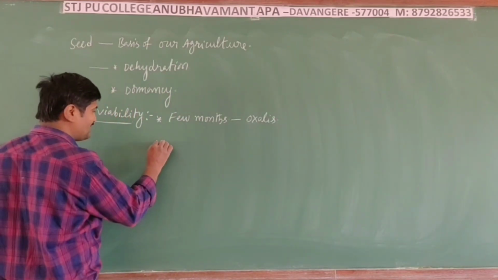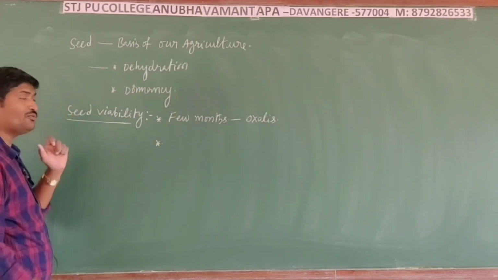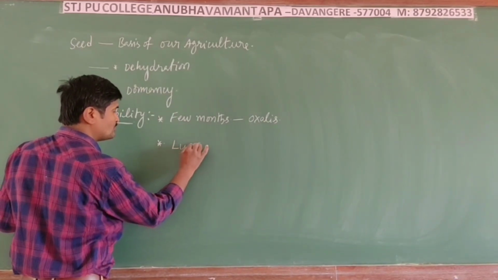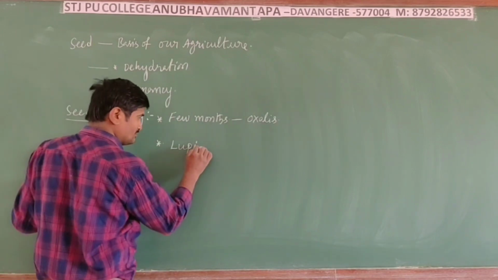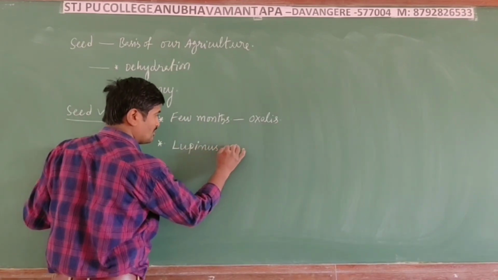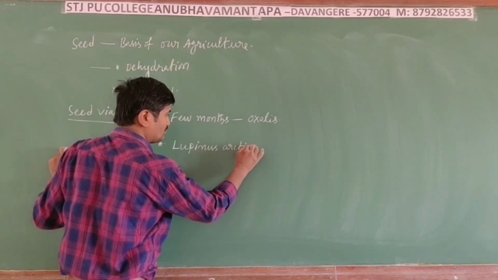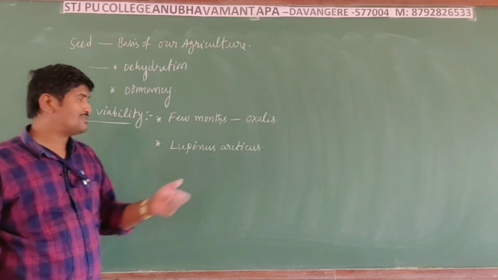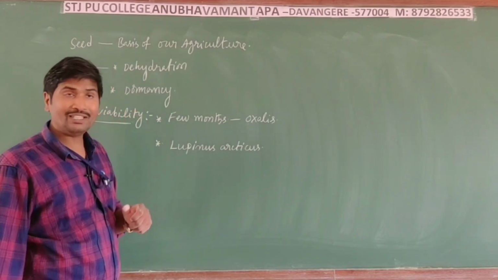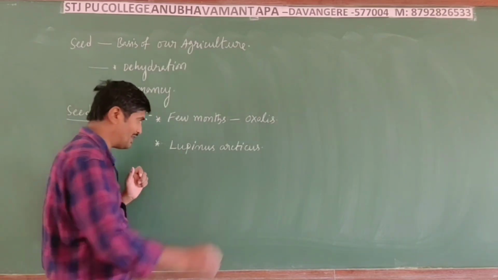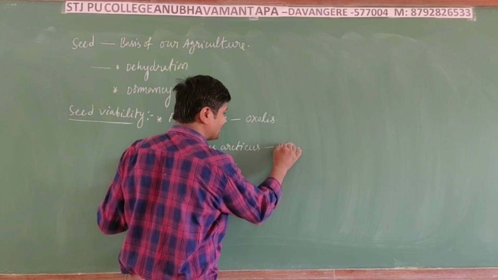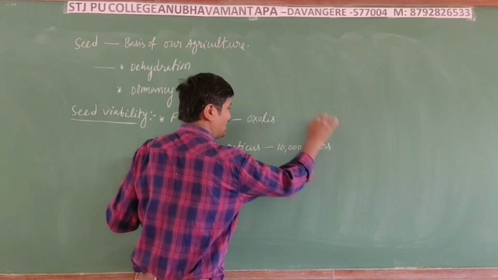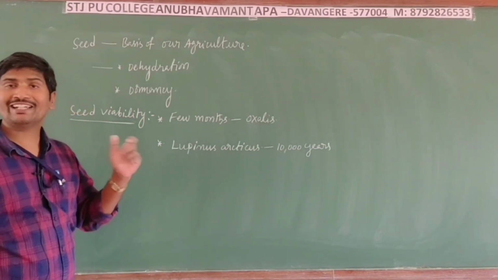For thousands of years, the oldest seed viability, best example, Lupinus arcticus. Lupinus arcticus is one of the oldest seed viabilities. It is nearly 10,000 years old.